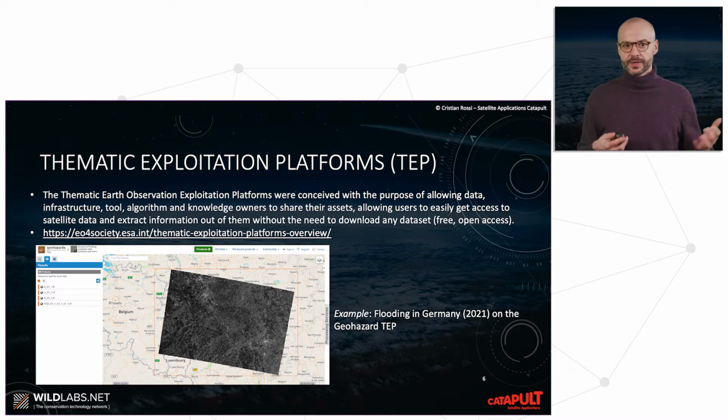Another platform with different products is called Thematic Exploitation Platform, TEP. This is linked to several products from the emergency side, such as we see in this example, a flooding in Germany, to more Earth science products and so on.